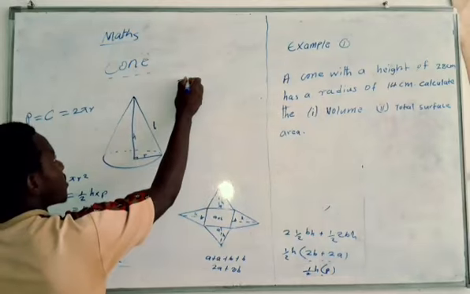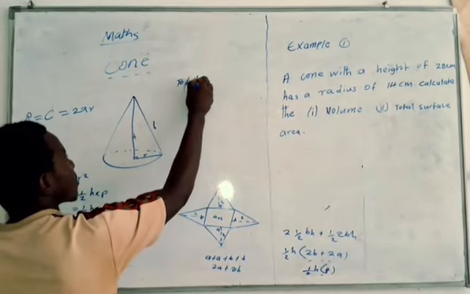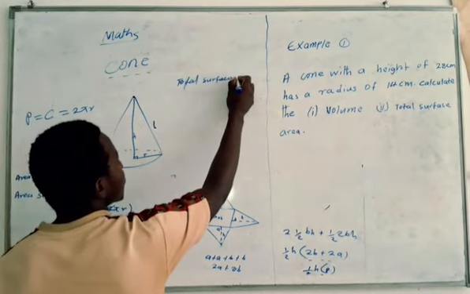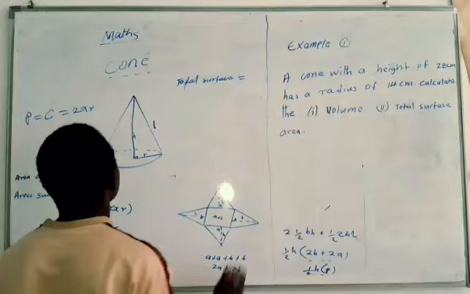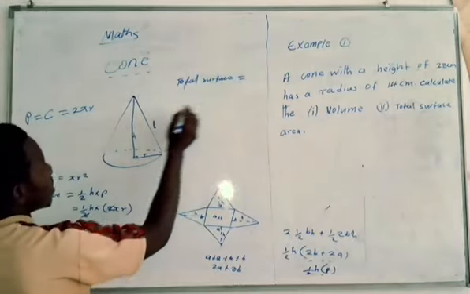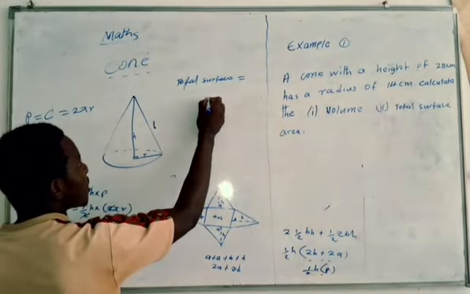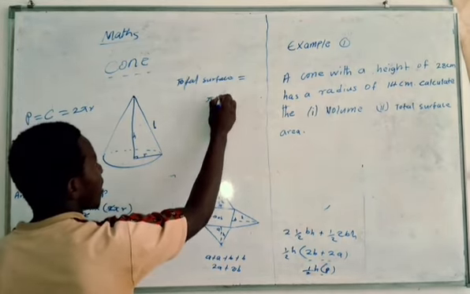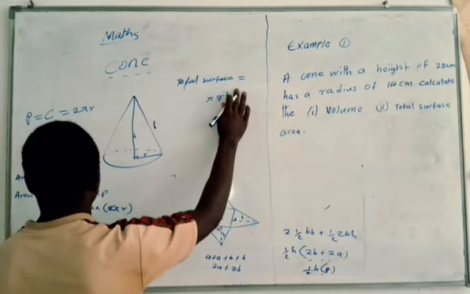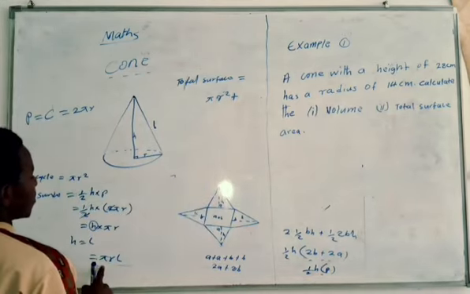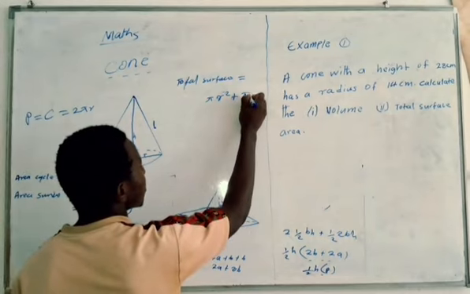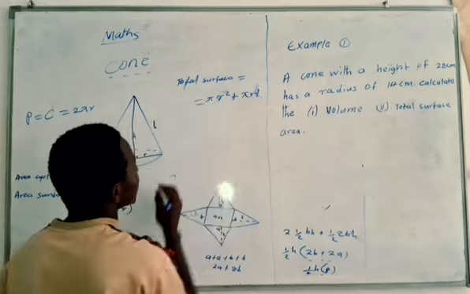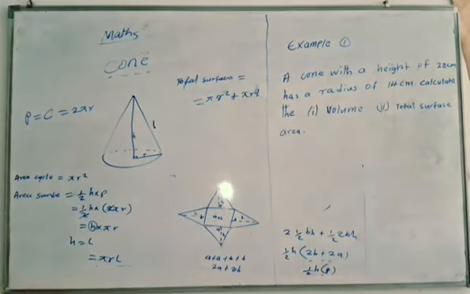So the total surface area is going to give us the area of the circle, which is pi r square, plus the area of the curve, which is pi r l. So this gives us the total area of a cone.